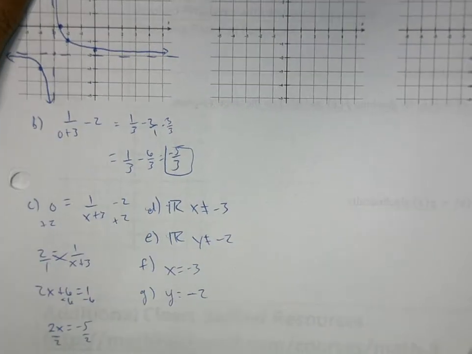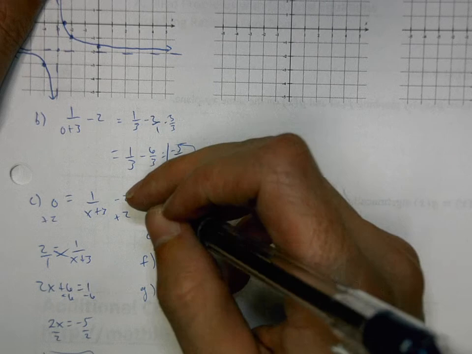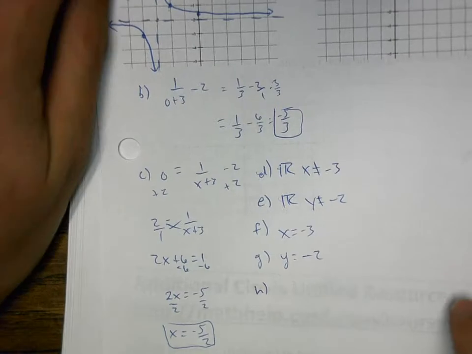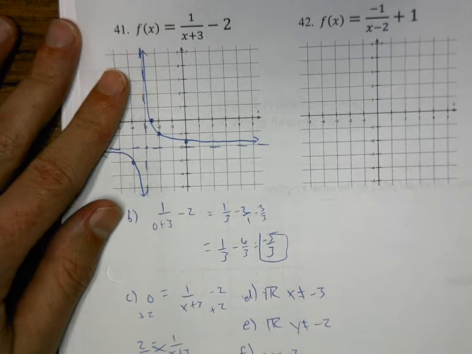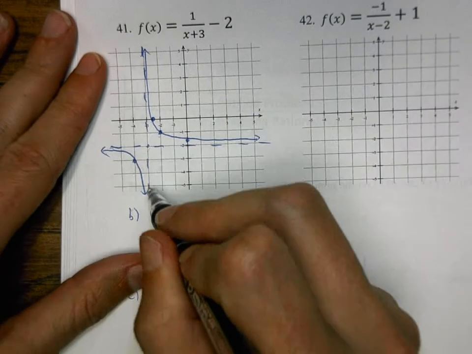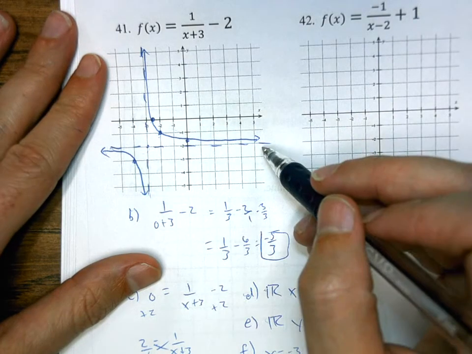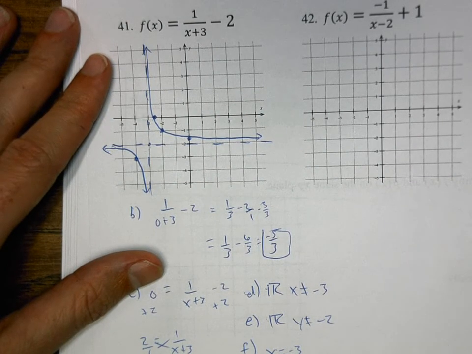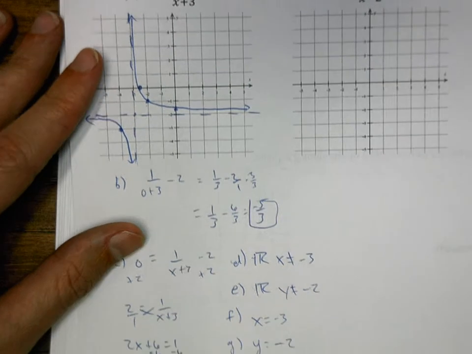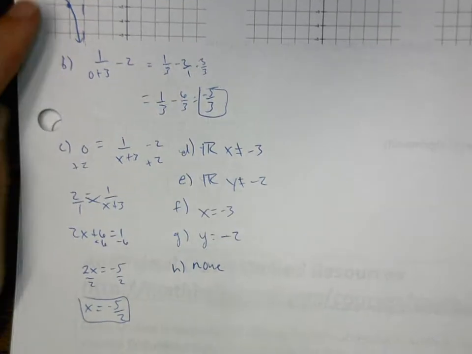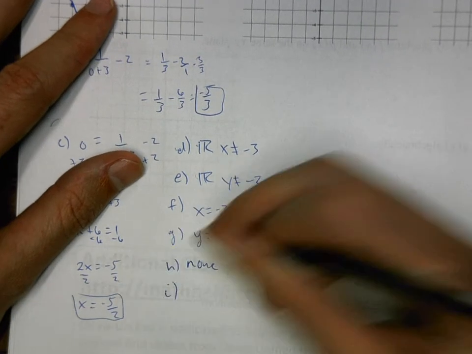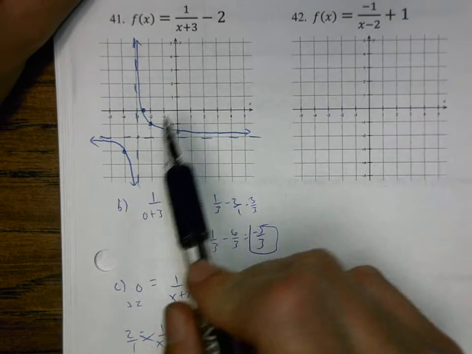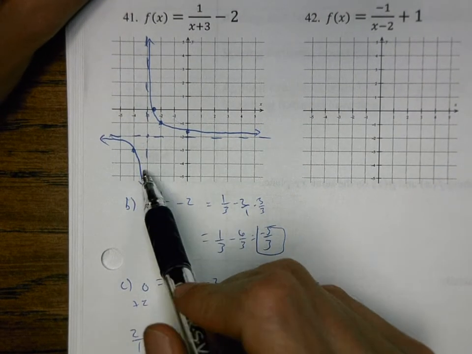H, state the intervals where it is increasing. If you look at the entire graph, this graph is always going down, this graph is always going down, so therefore there are no increasing intervals. For part I, decreasing, it's decreasing pretty much everywhere except there's this horizontal asymptote, vertical asymptote at negative 3.